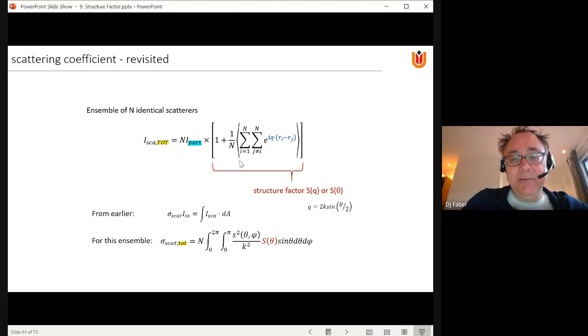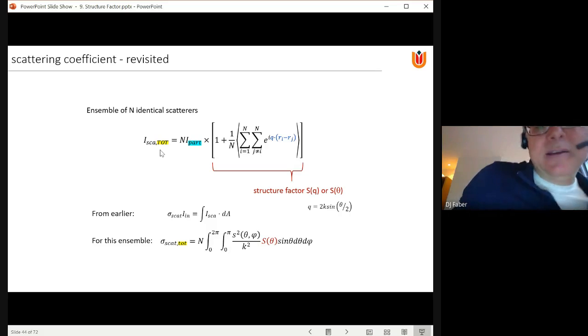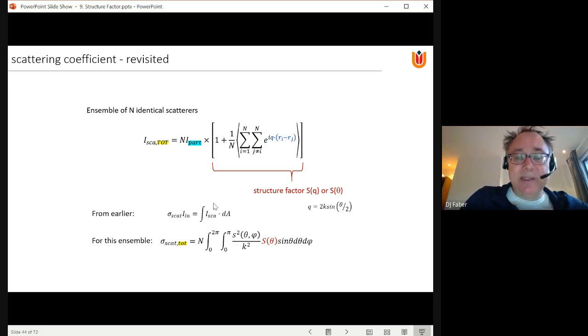So if we now go through the conventional way of calculating the total scattered intensity or the total scattered power, we put the sphere around it and we calculate the power flowing through an area, and then from that we can solve for the scattering cross section. So we can do this for this ensemble now as well, for the total scattering cross section.